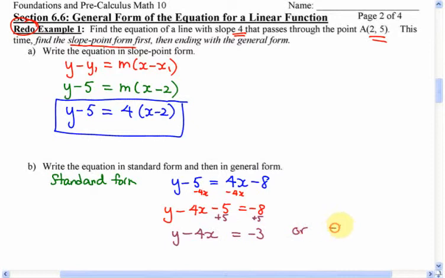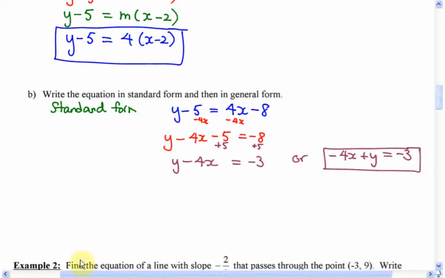And like I said, math people are kind of picky, like having the x's before the y's. Done. Then, of course, to convert to general form, you can do it, but I'll just say see previous page, because it's exactly the same thing.